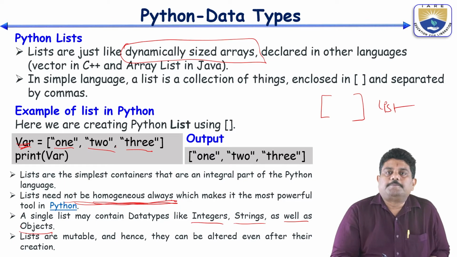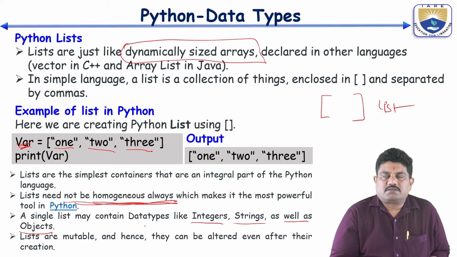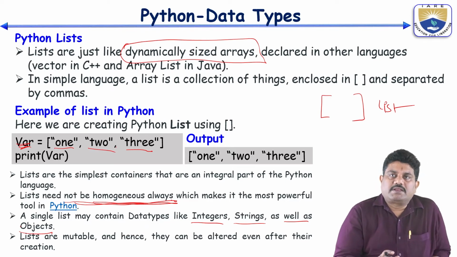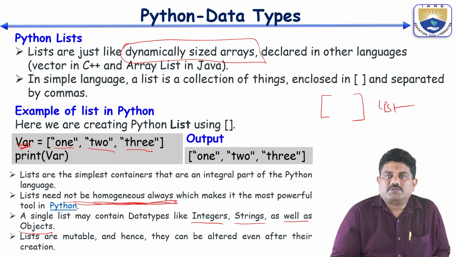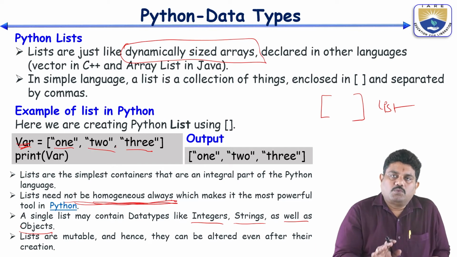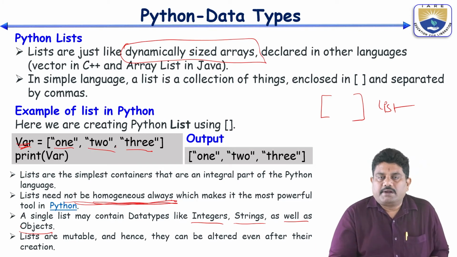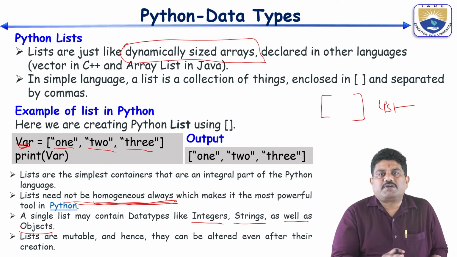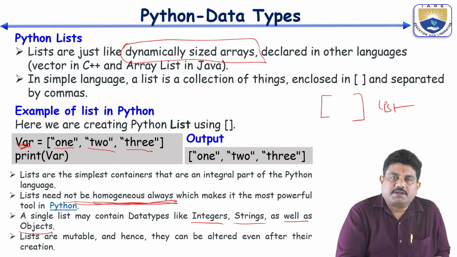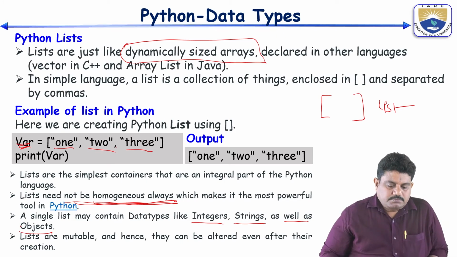That is the meaning of need not be homogeneous always. But most of the time when we declare a list, we use homogeneous values, but it is not necessary to contain only homogeneous values in lists. We can also maintain heterogeneous values. Heterogeneous means different kinds of values we can maintain in a list. No problem at all in Python.